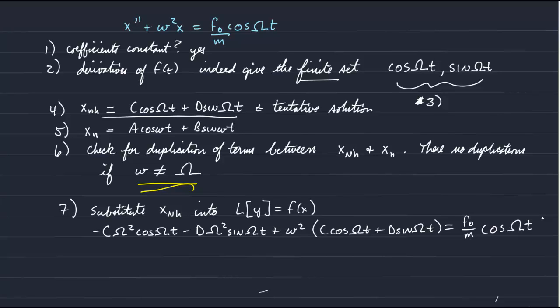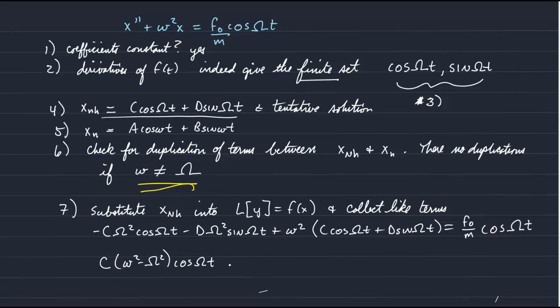So we need to collect like terms. And so let's collect the terms on the left-hand side proportional to cosine capital omega t. And we get capital C times little omega squared minus capital omega squared, cosine capital omega t.